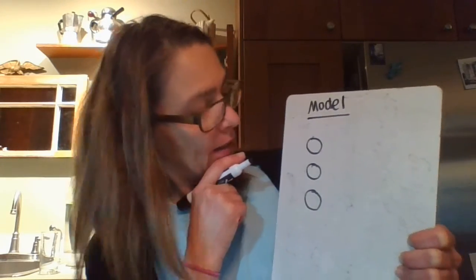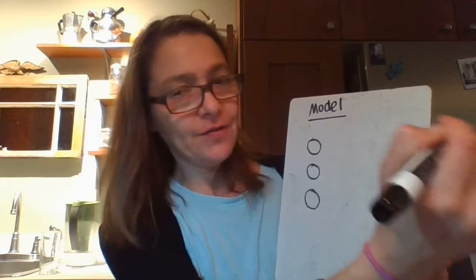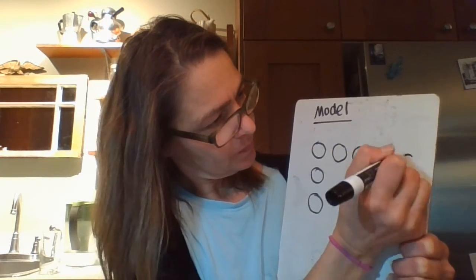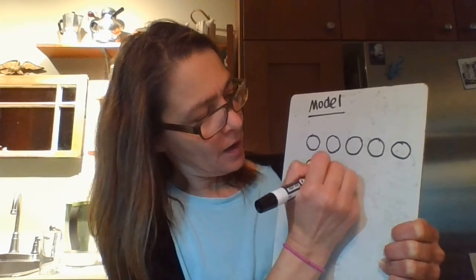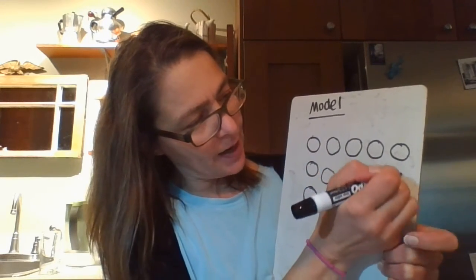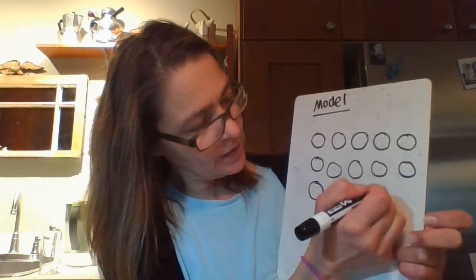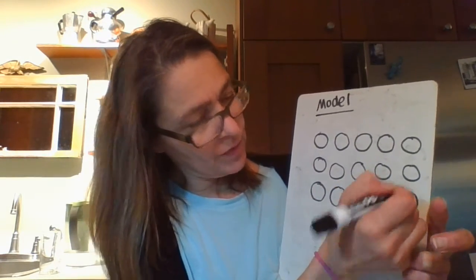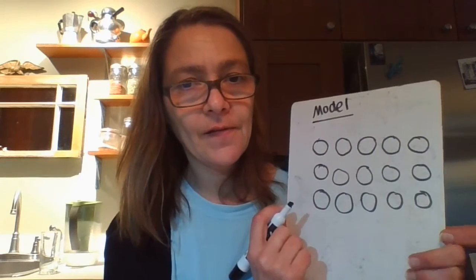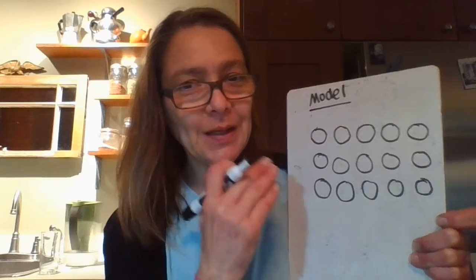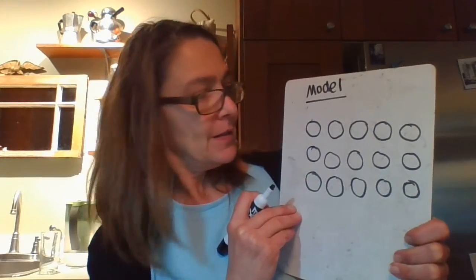And in each row I'm going to put 5 trees. How many trees will I need to buy from the nursery so I have enough trees to plant 3 rows of 5? It's a real world problem. You don't want to end up with too little trees.